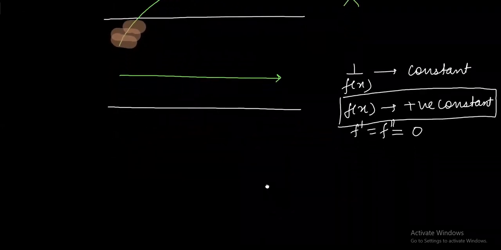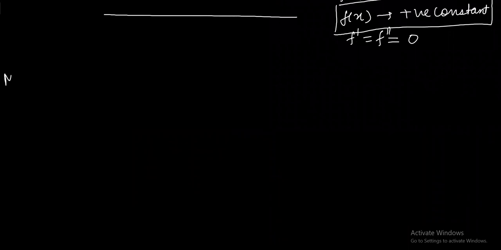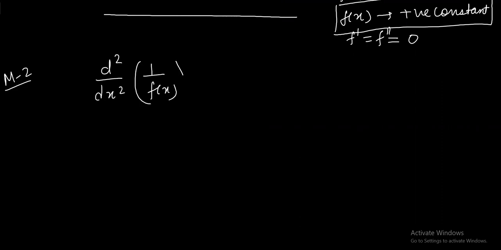What we are going to do in method 2 is, I'm going to rewrite relation 1 once again. In method 2 also I'm using the same relation, that the second order derivative of 1 upon f of x is less than or equal to 0. If it is less than or equal to 0, then for method 2, I'm taking a new function g of x as 1 upon f of x.